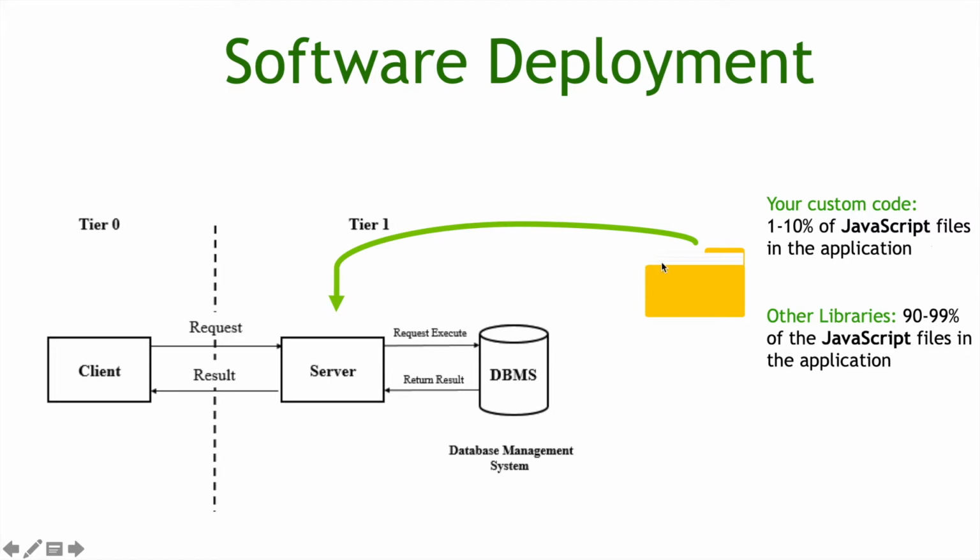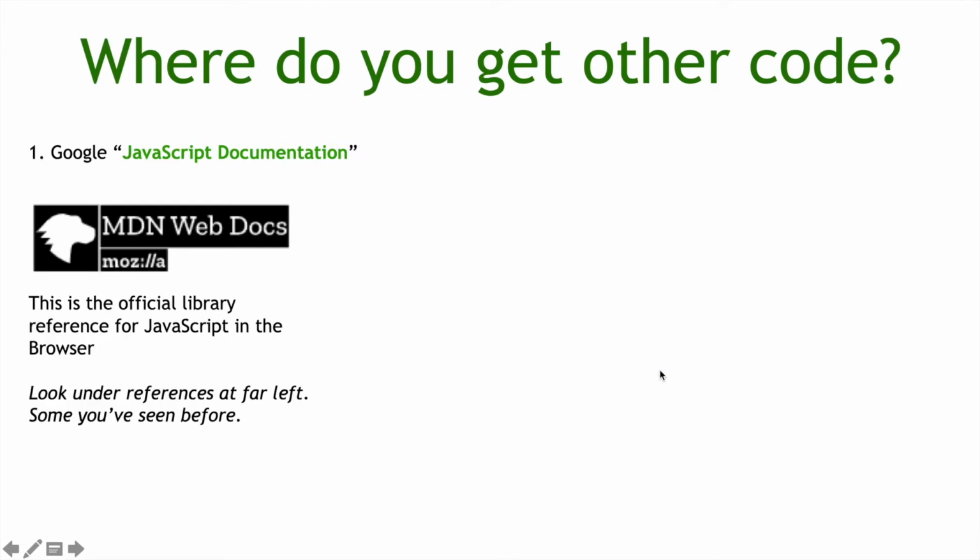Of all of the files that you deploy onto that server in a folder of application code, a small percentage, especially early on, is going to be your code, and the majority of that code is going to be other people's stuff. And so this raises the question, if most of the code that I'm deploying and using is other people's code, where do I get it?